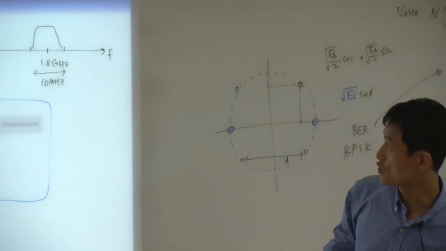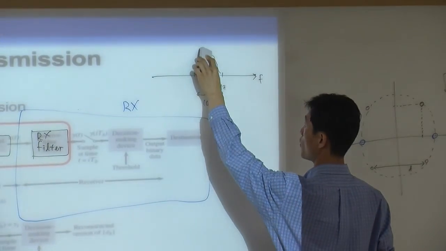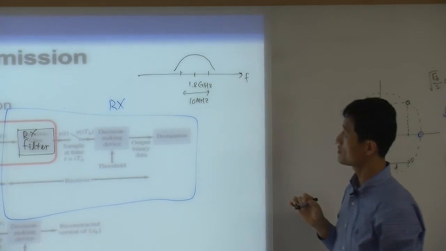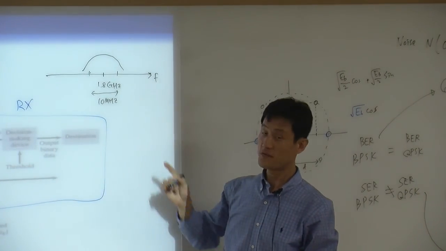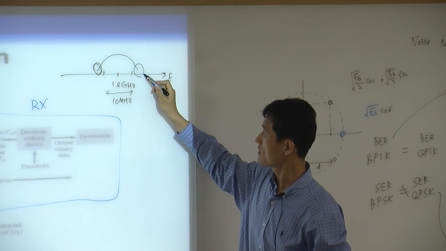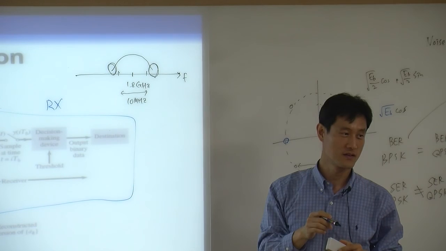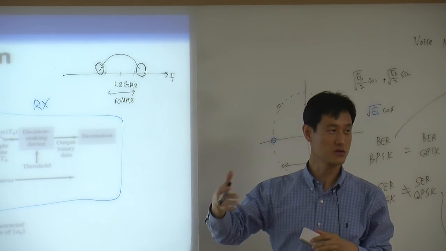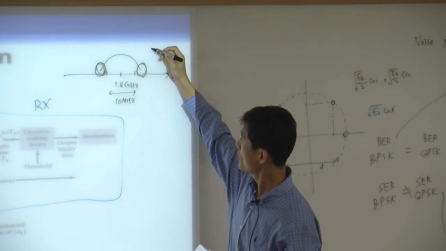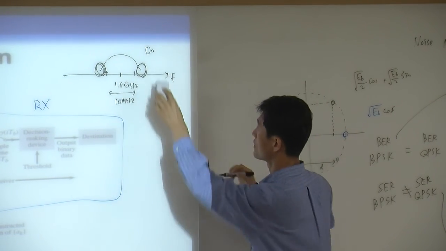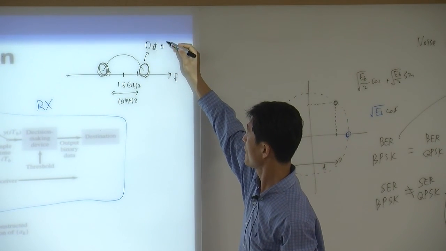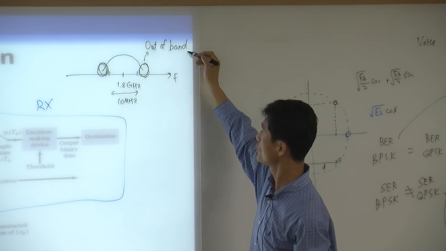What if you transmit your spectrum like this? What's the problem? If you transmit it this way, right here is not your band.